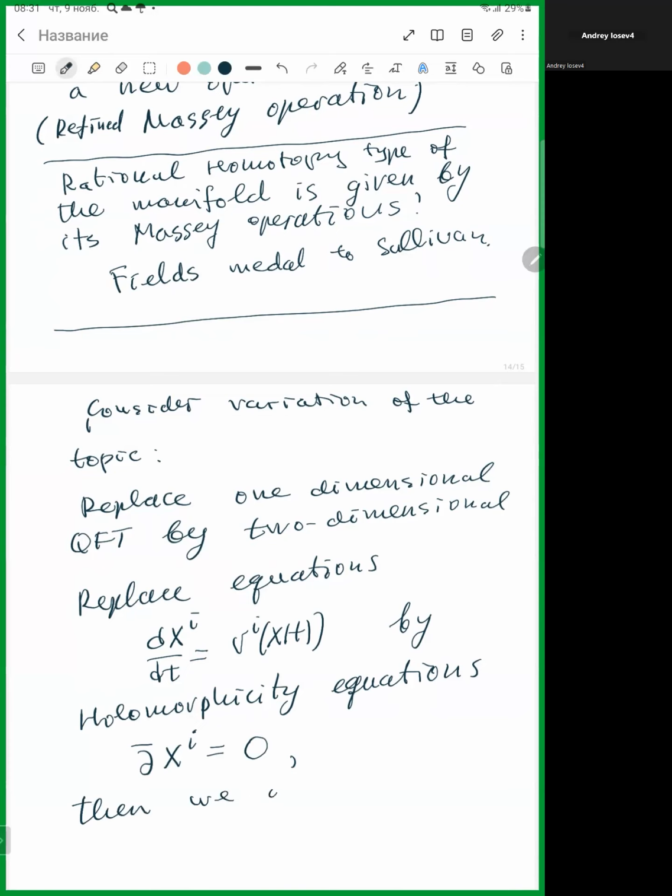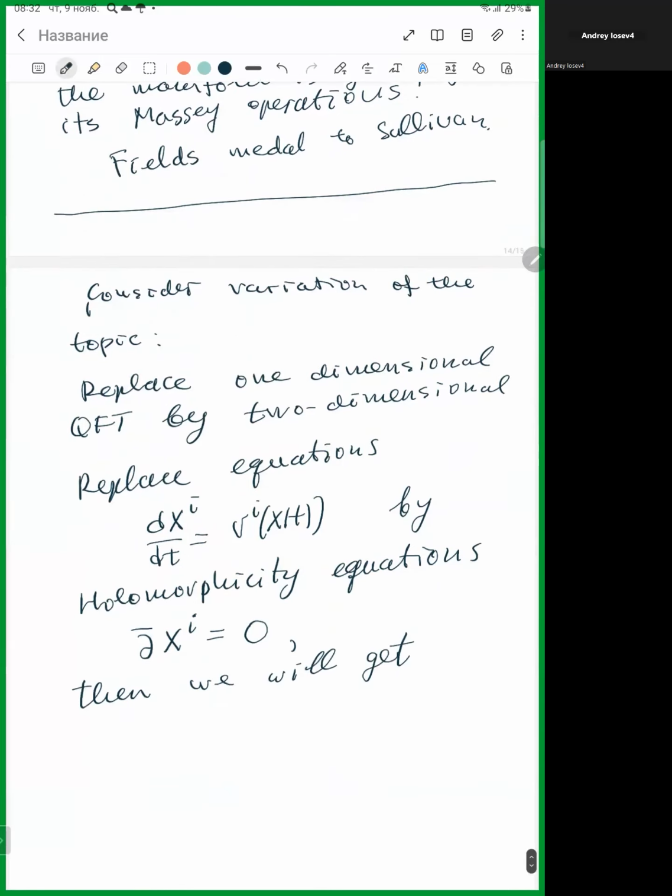Then we will get two-dimensional quantum field theory.